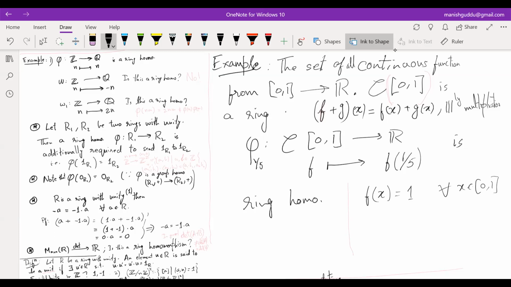Maybe instead of calling it f, I'll call it 1, because I want to have this special name for it. So this ring is a commutative ring with unity, and this is the unit, the continuous function 1.